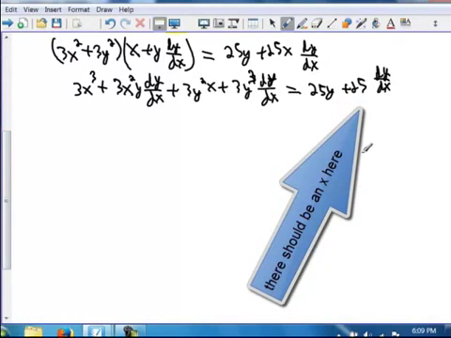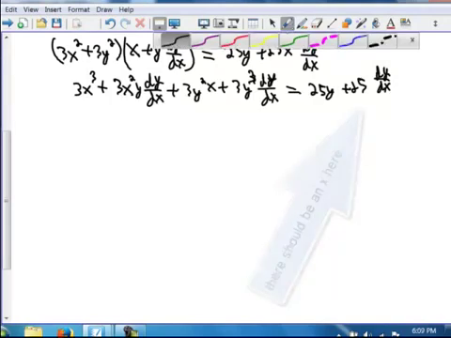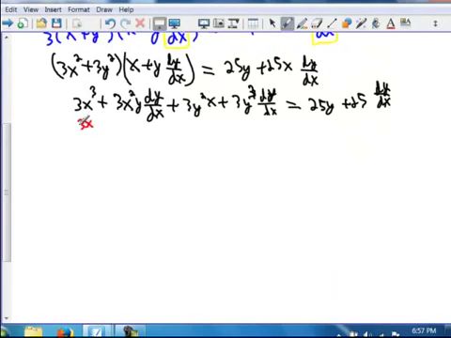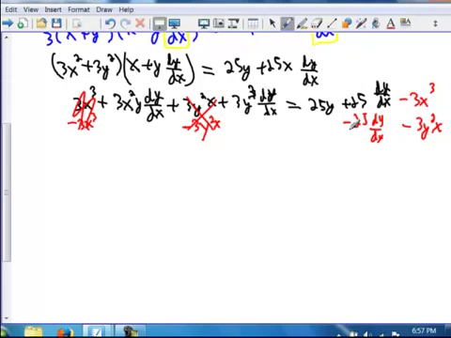Okay, not too bad. So we have to subtract the 3x cubed here and here. We have to subtract the 3y squared x. And we have to subtract the 25 dy/dx.